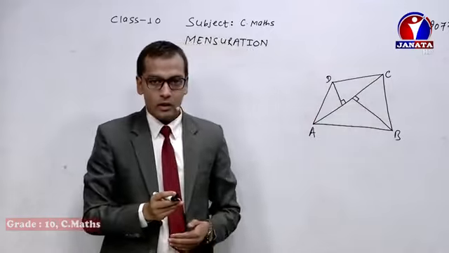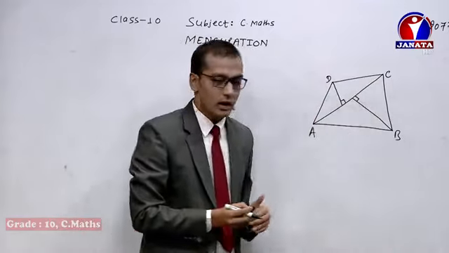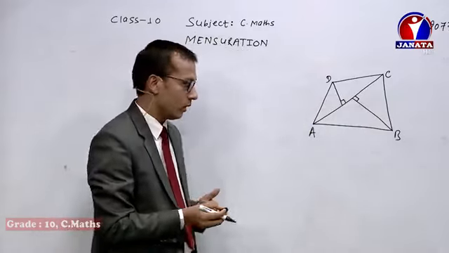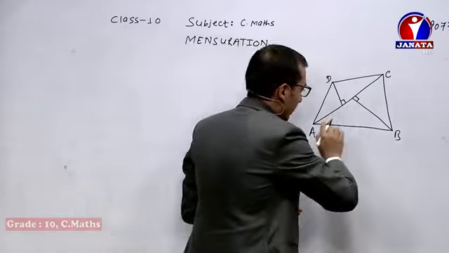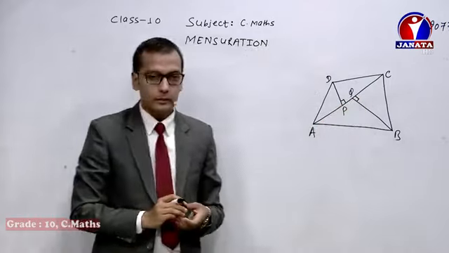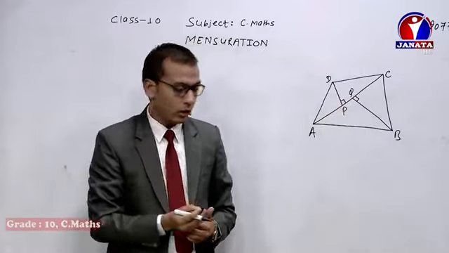Here ABCD is a quadrilateral in which A, B, C and D are four vertices or four corners of this quadrilateral. Let me give name for these 2 points P and Q. AC is one of the diagonal of quadrilateral.